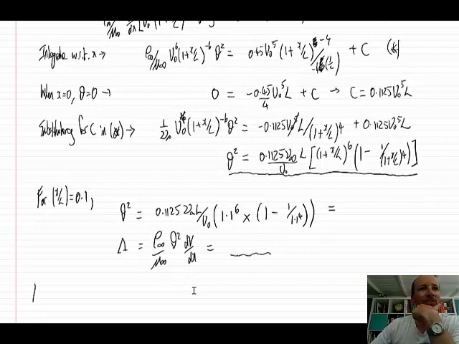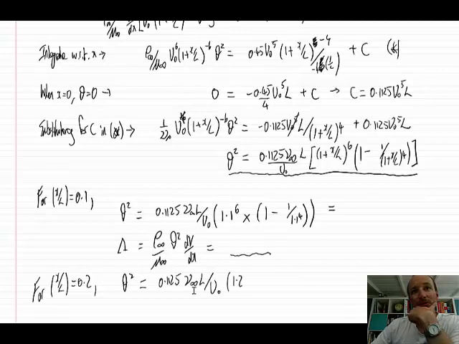And then if you do the same for x over L equals 0.2, so in this case theta squared would be 0.1125 nu infinity L over u naught 1.2 to the 6 times 1 minus 1 over 1.2 to the 6, and we get a value out for theta squared.